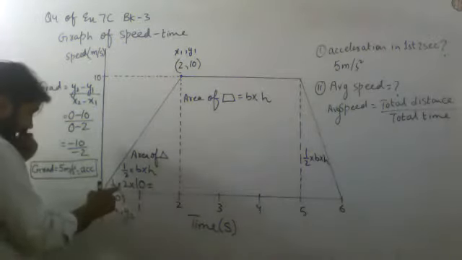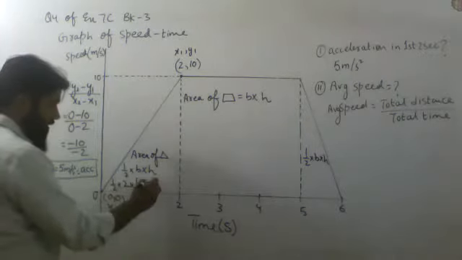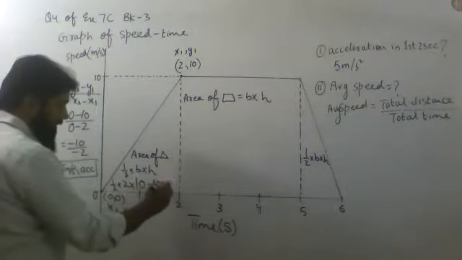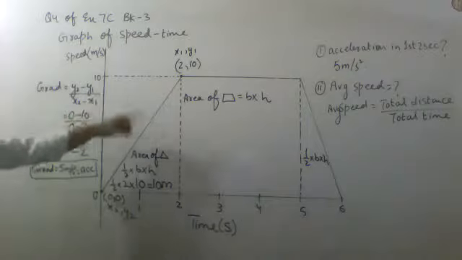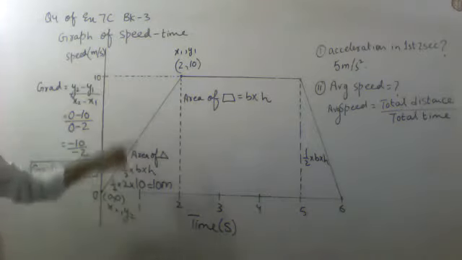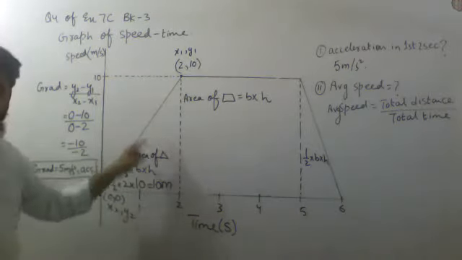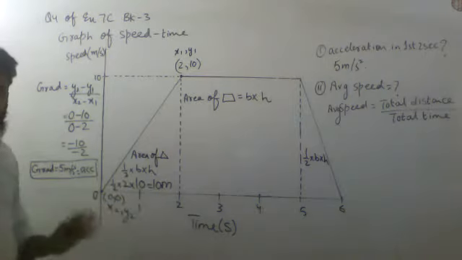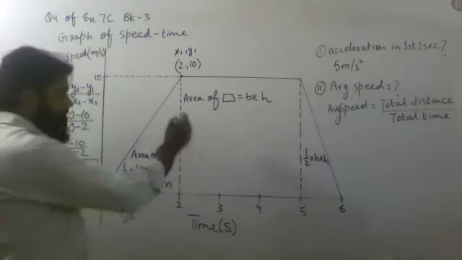So half into 2 into 10 will be 10 meter, because this whole thing is given in meter per second and this is showing distance. So distance of this one is going to be 10 meter.